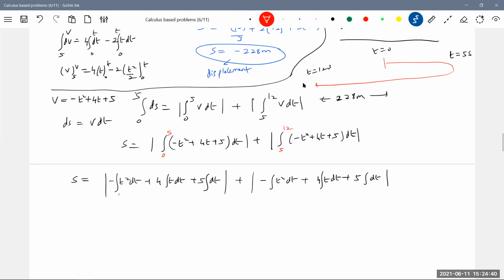The limits are 0 to 5, and 5 to 12. Please just calculate now.